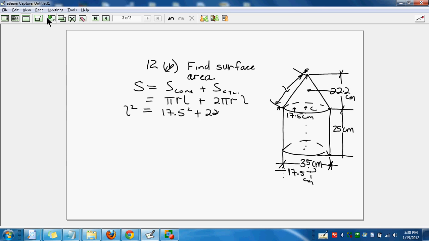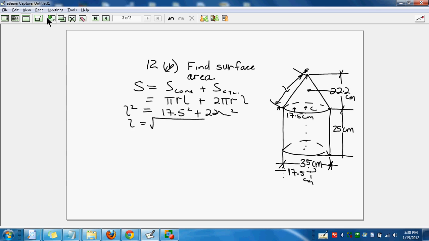That would be 22.2 squared. Pythagoras said that in any right angle triangle, the hypotenuse squared is equal to the sum of the squares of each of the other two sides. So from there, we could work out what L is by taking the square root on both sides.